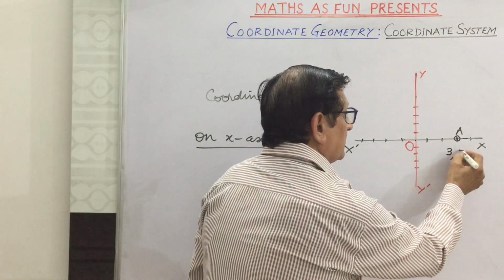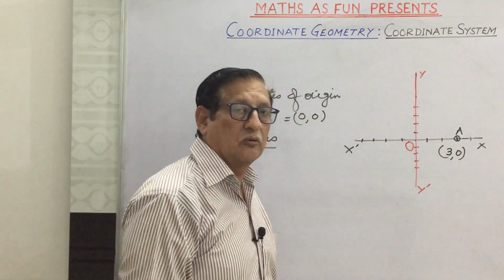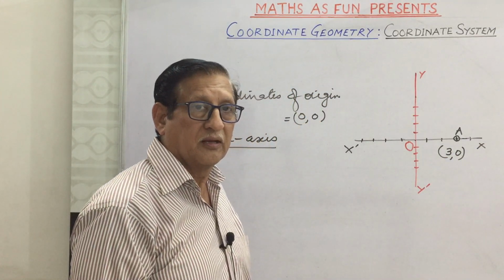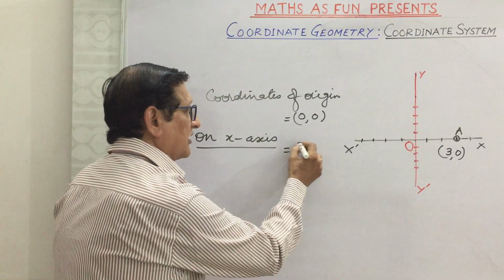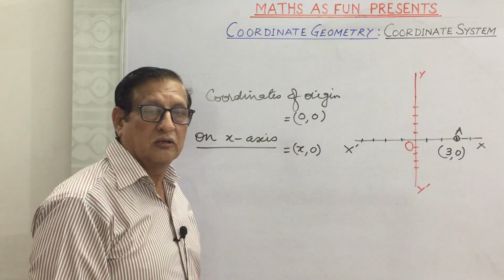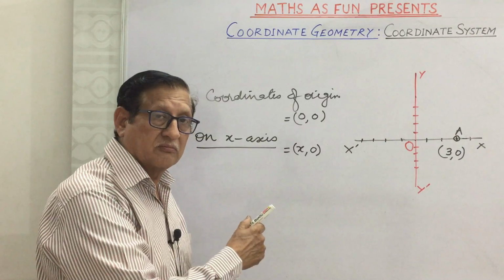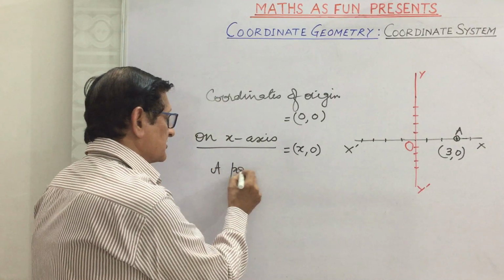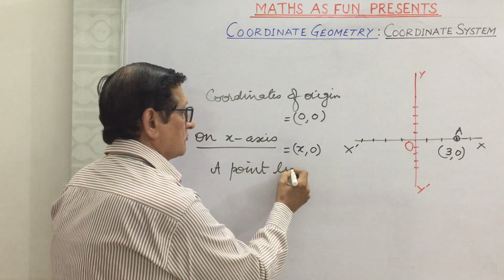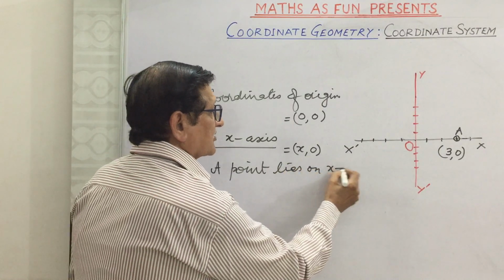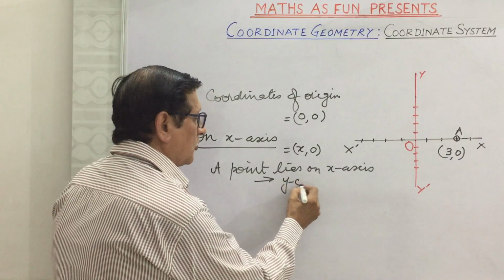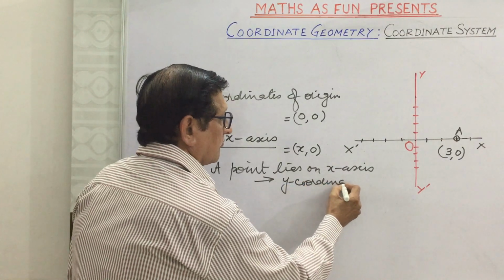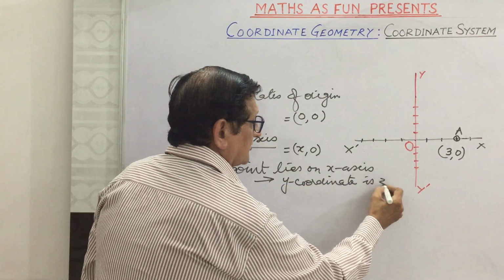So we find the coordinates of this are 3, 0. So any point on the x-axis will have its coordinate as x, 0. It means a point lies on x-axis implies that its y coordinate is 0.